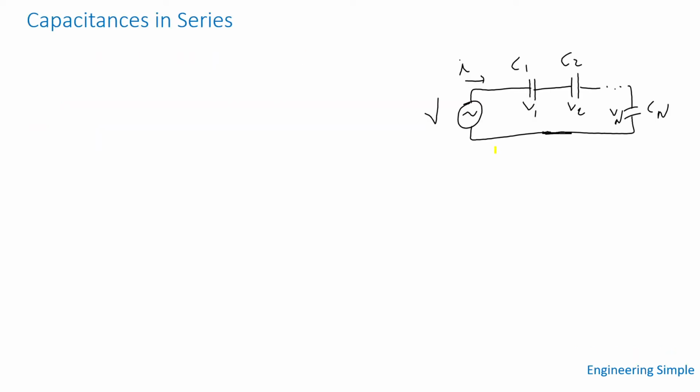Now, let's assume we have a bunch of capacitances in series. Like this graph shows, you have a source, it goes through capacitance 1, capacitance 2, dot dot dot, to capacitance N. All these capacitances are in series.